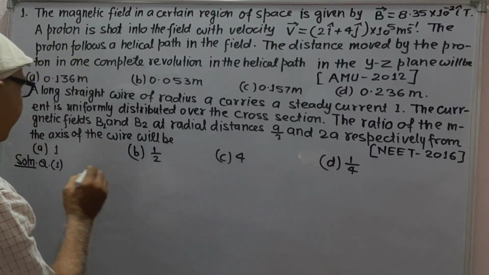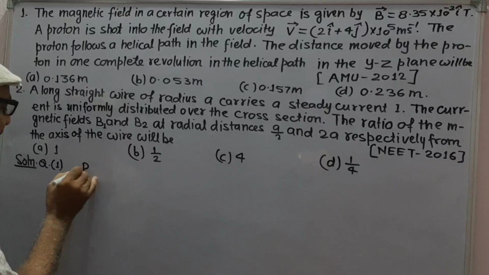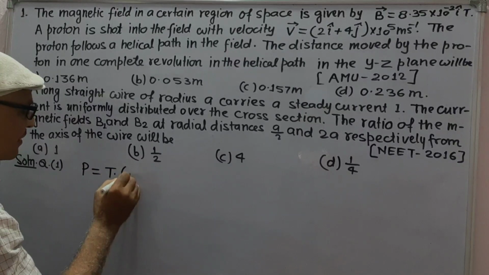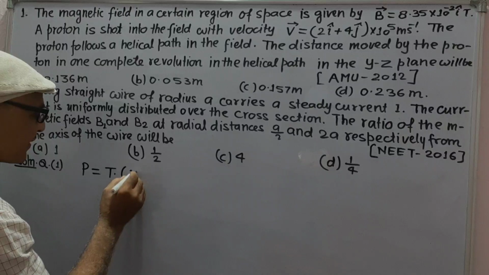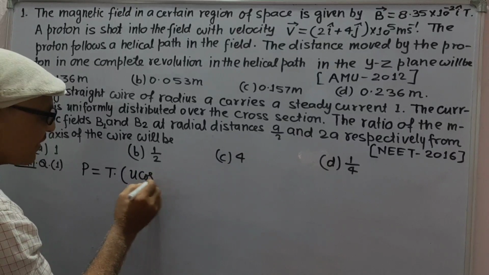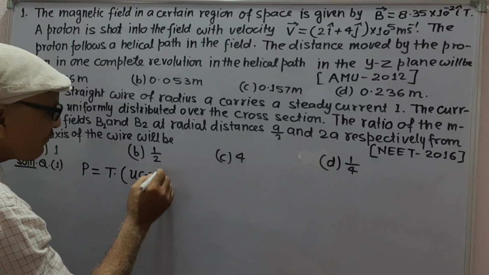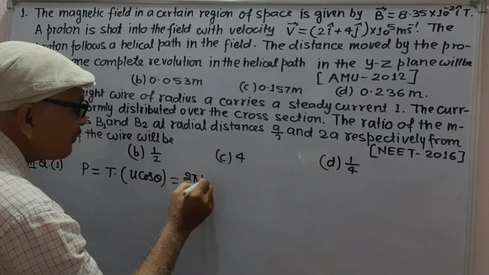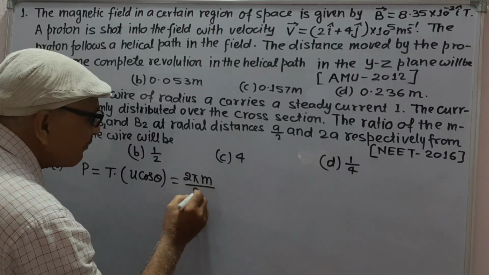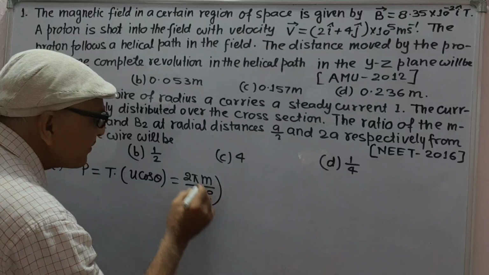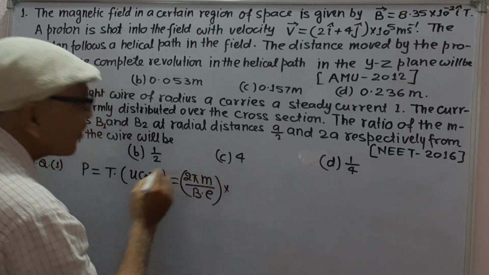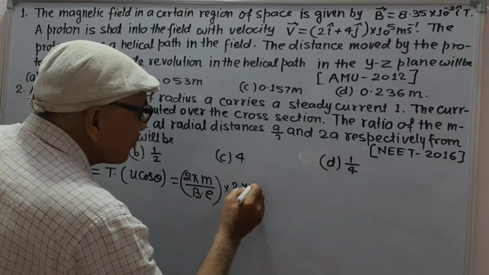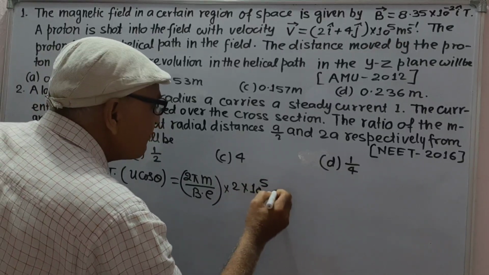Distance moved in one complete revolution in the helical path is equal to pitch, which is time period into horizontal component u cos theta. Here T is time period, which is 2 pi m upon magnetic field into charge, into u cos theta, which is 2 into 10 to power 5.